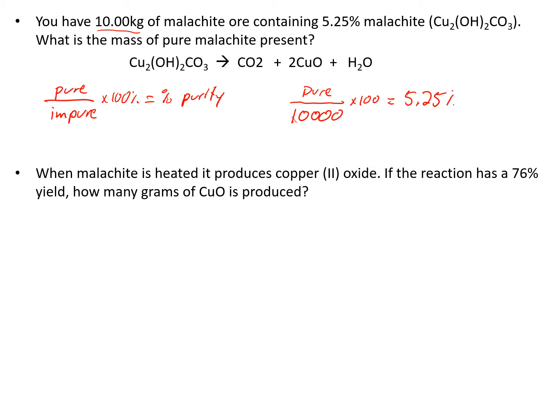So in order to find this, I'm going to divide by 100 and then times by 10,000. So 525 grams of this malachite that's in my rock.